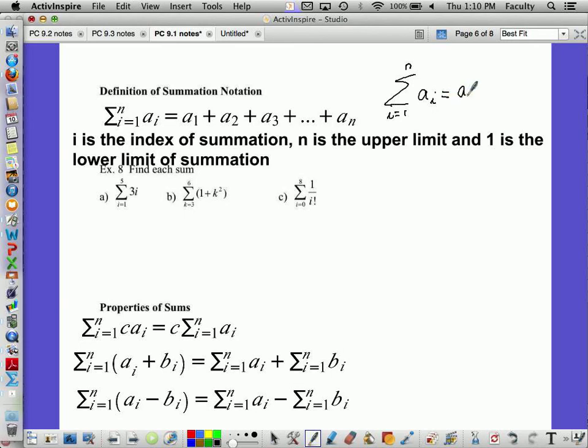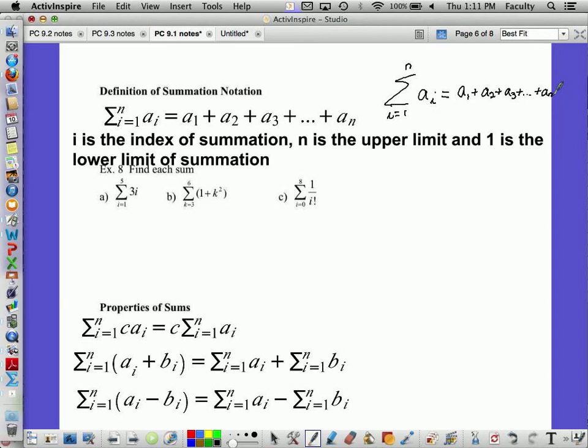So this means a sub 1 plus a sub 2 plus a sub 3 and so on until I get up to a sub n. i is called the index of summation, n is the upper limit, and 1 is called the lower limit. So this is actually very, very simple.